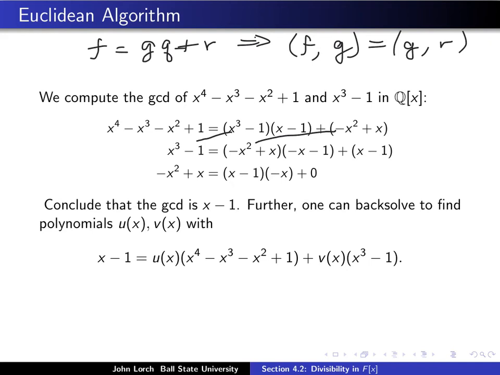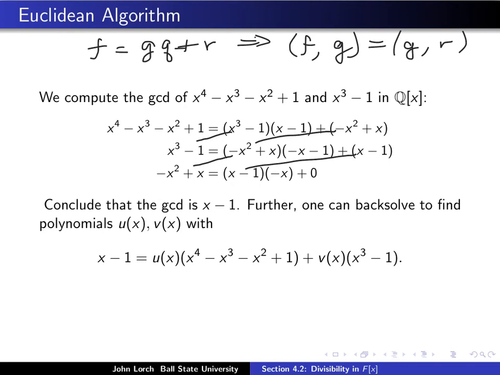Use the division algorithm to divide minus x squared plus x into x cubed minus 1. I get a quotient minus x minus 1 and a remainder x minus 1. And then I slide over and do this again. Divide x minus 1 into minus x squared plus x.